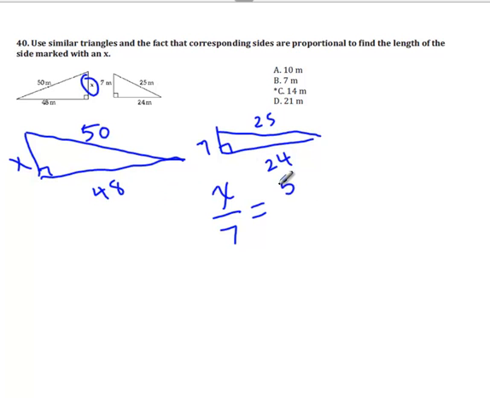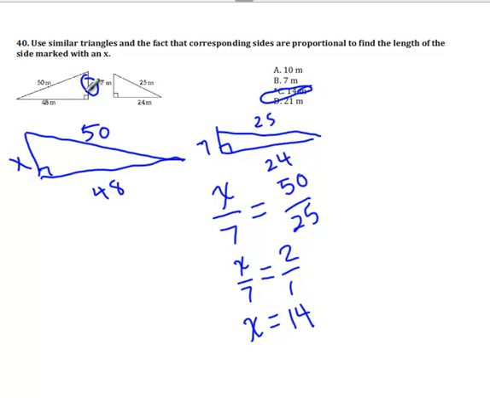I'll just go with the 50 over the 25. So X over 7, make the multiplication easier. Reduce this to 2 over 1. Cross multiply, 1x equals 14. So the value of X, or the length of this side, is actually 14 meters.